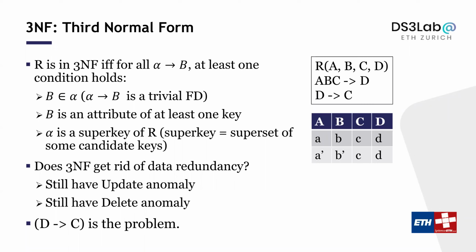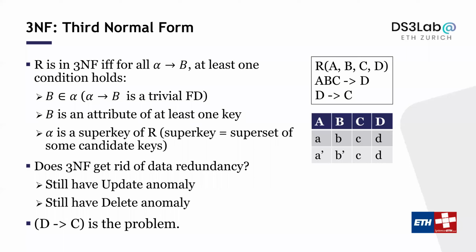So even though third normal form is stronger than second normal form, in the sense that it can get rid of more types of data redundancies, it still could have data redundancies. It's still not strong enough, and in this example it allows a functional dependency from D to C.